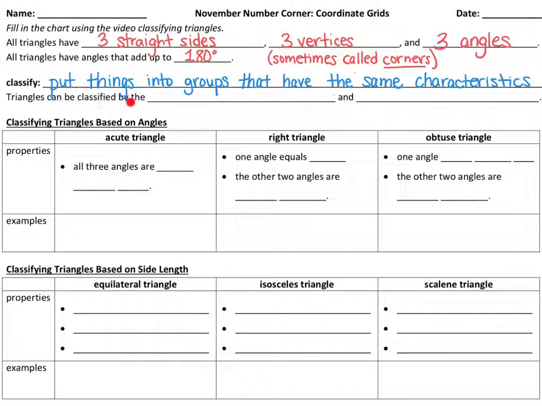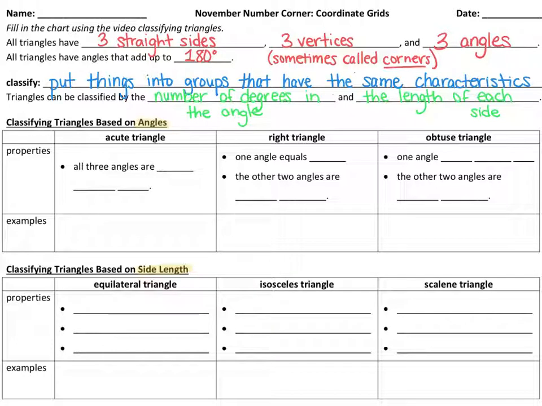Triangles can be classified by angles and side length. So they can be classified based on the number of degrees in the angle and the length of each side.